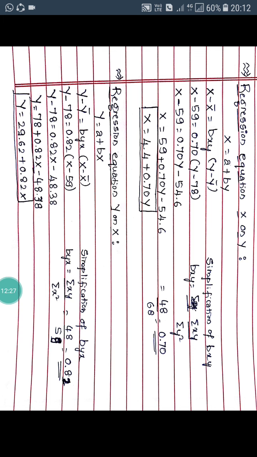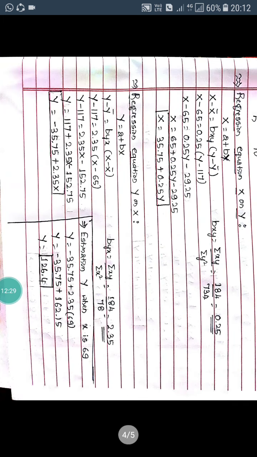regression equation x on y. Regression equation x on y. Now here we are having one simple formula. When it asks x on y, the formula is x equal to a plus by.